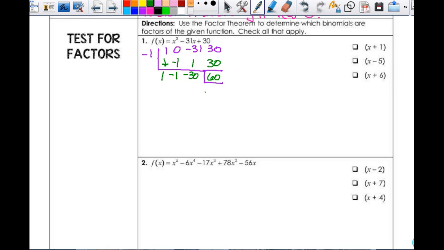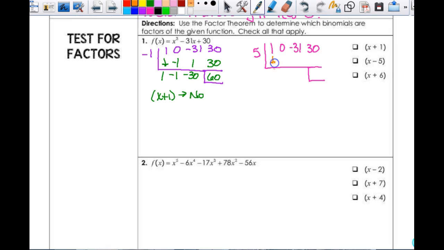All right, so does this work? No, my remainder is not 0, which means that x plus 1 is not a factor. So for x plus 1, the answer is no. Then I try this next one, x minus 5. I'm going to take 5, divide it into the same thing, 1, 0, -31, and 30.